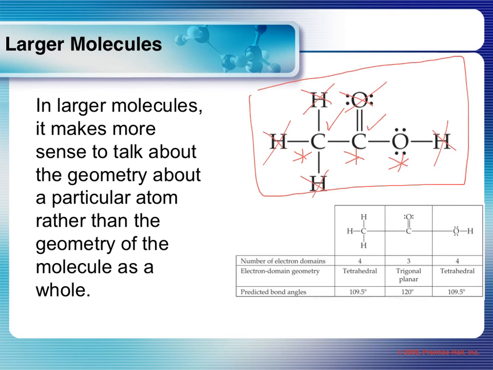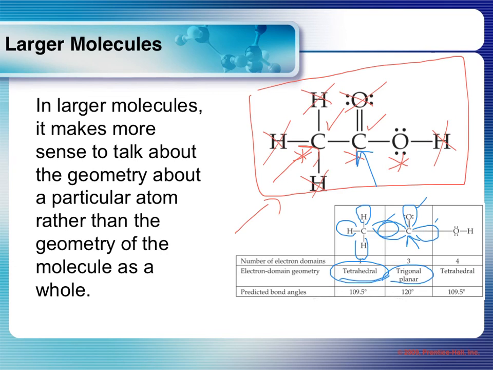So for this particular molecule, if you look at this carbon first, it has 4 areas of electron density around it. So it is tetrahedral, and they're all atoms that it's bonded to. This particular carbon, the one in the middle, has 3 domains around it. 1, 2, 3. Trigonal planar, they are all atoms.